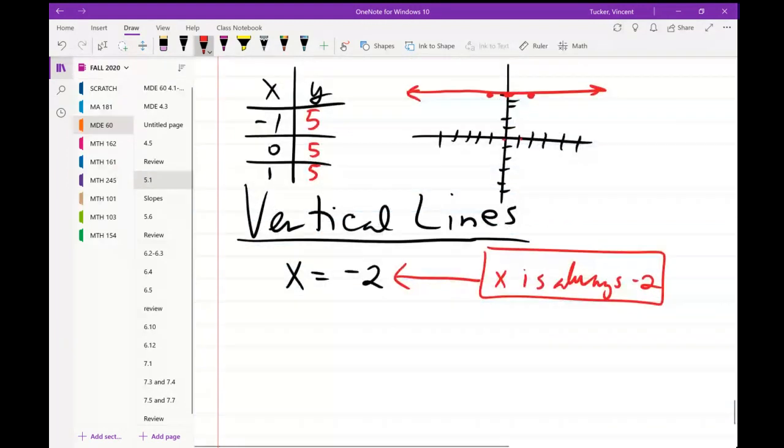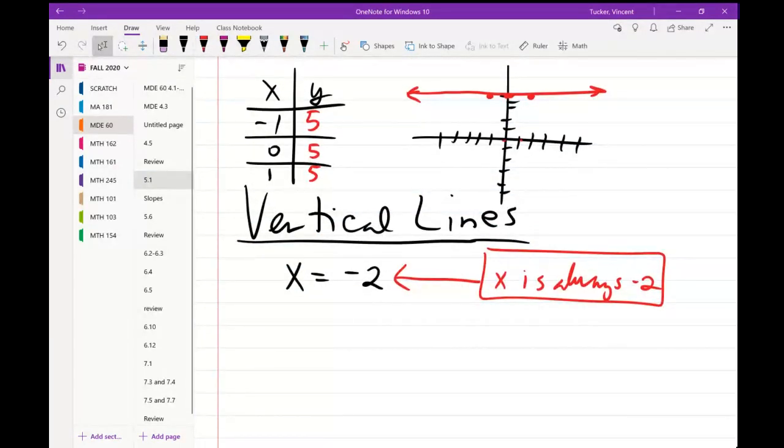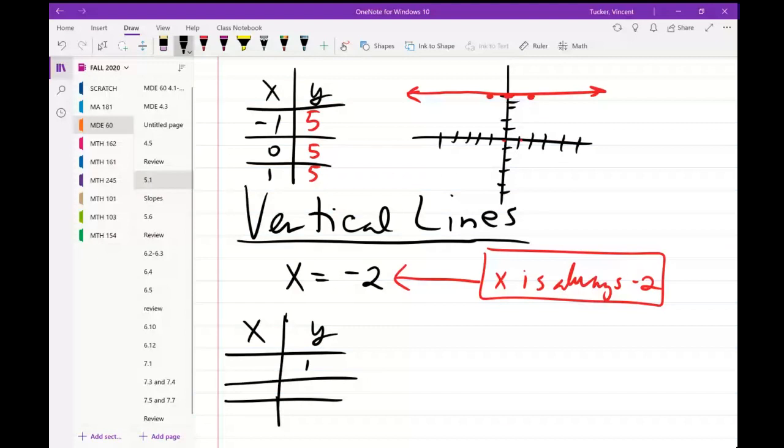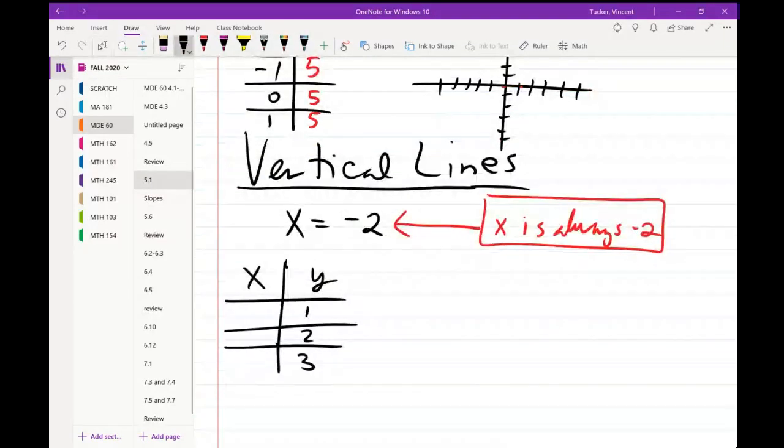All right, so vertical lines, x equal to a number. If we have x equal to negative 2, that means x is always negative 2 no matter what y is. So y can be 1, 2, 3, doesn't matter. X is going to be negative 2 for each value. Excuse me. So go ahead and graph.